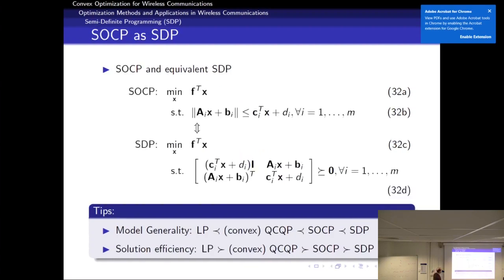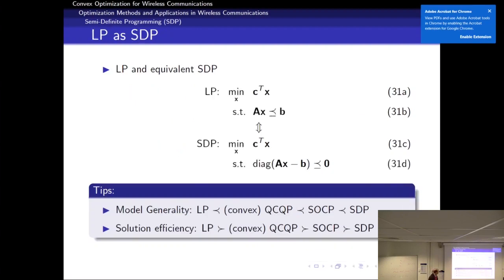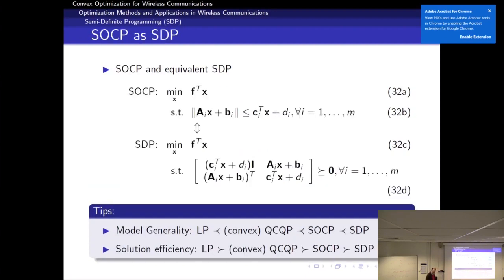Okay, so let me show you now how SOCP is a subset of SDP. I want to show you that SOCP is essentially a particular form of SDP. So in SOCP, remember we had a linear objective function, and we had this cone constraint, right?